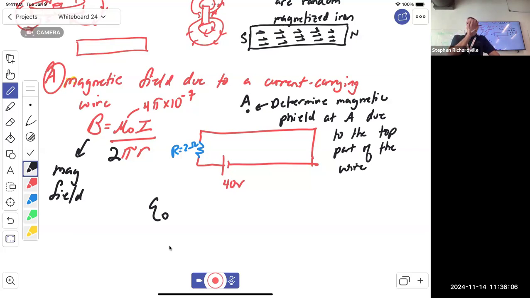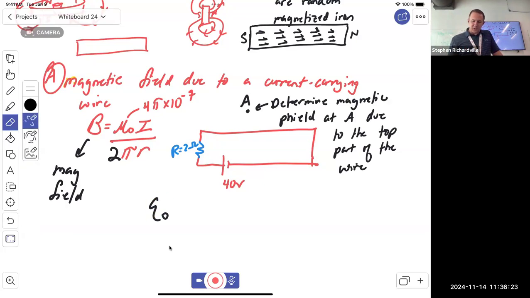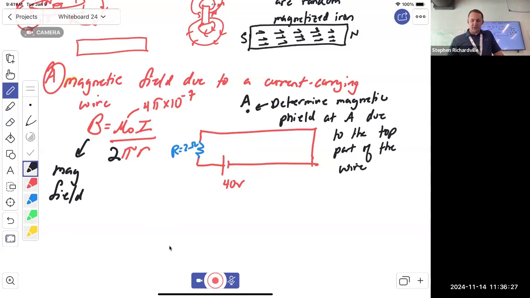So the 2 pi r is a little bit tricky. My field doesn't radiate out spherically now. Because it's a wire, my field's going to kind of move around it. It's not even radially outward, but it moves around the wire. It's really kind of tricky. Like concentric circles, it's going to be like looking at an onion.